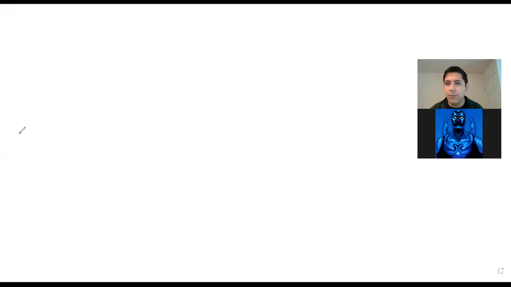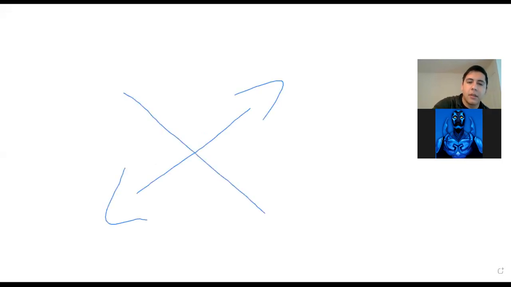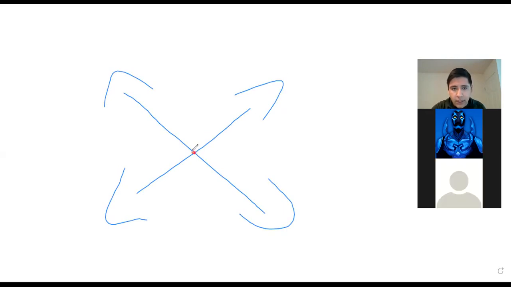And one thing that we should point out is that when we have two straight lines that are intersecting, how many times are these lines going to intersect? Once, yes.